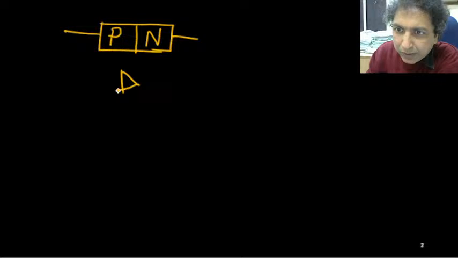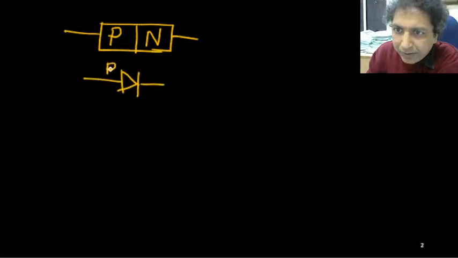So diode, you understand that diode is a semiconductor device. We have one junction. So this is one semiconductor, this is one junction. One side is P type, other side is N type. And the symbol we'll use for this PN diode is like this.